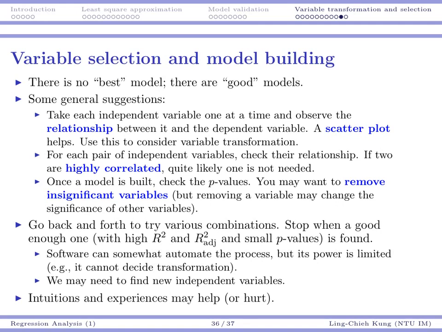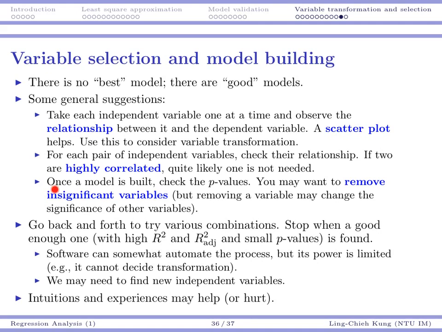But if it just looks linear, then there's really no reason to try nonlinear transformation. Second, for each pair of independent variables, you may want to check their relationship. If any two are highly correlated, then quite likely you don't need one of them. Then you may just select one to be the representative.